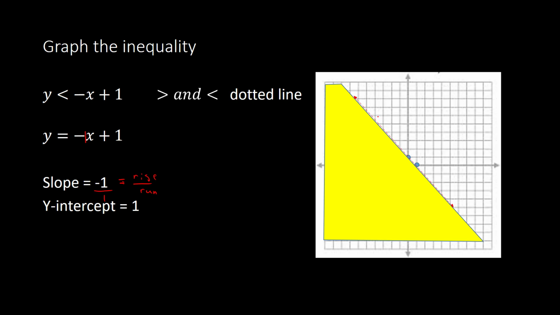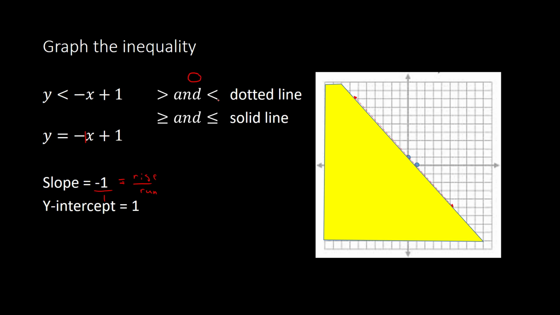So if it is greater than or less than, that would be a dotted line because it's not equal to that line.